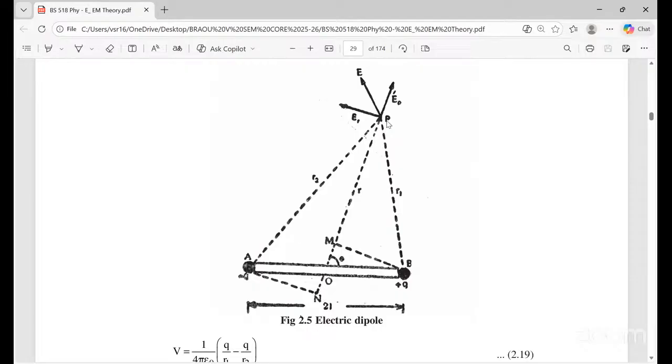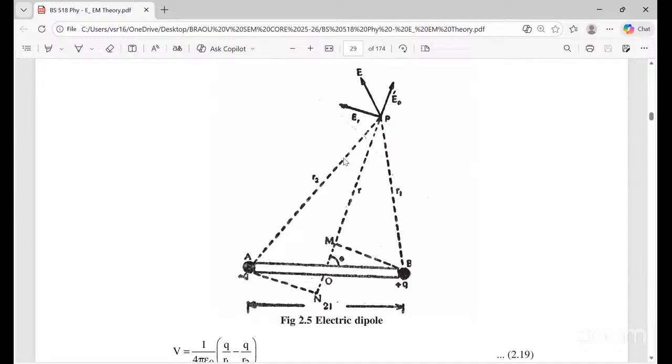The point P is at a distance R1 from B, and from point A the point P is at a distance R2. The center point is O. From the center, the point is chosen at distance R. You need to calculate the capital E value.